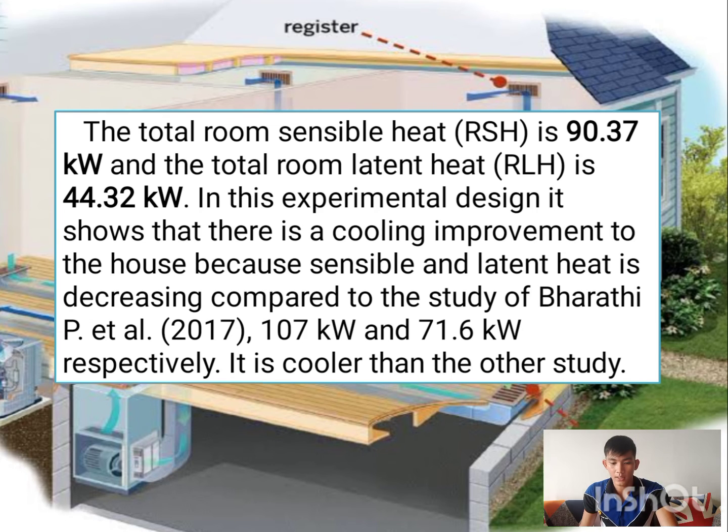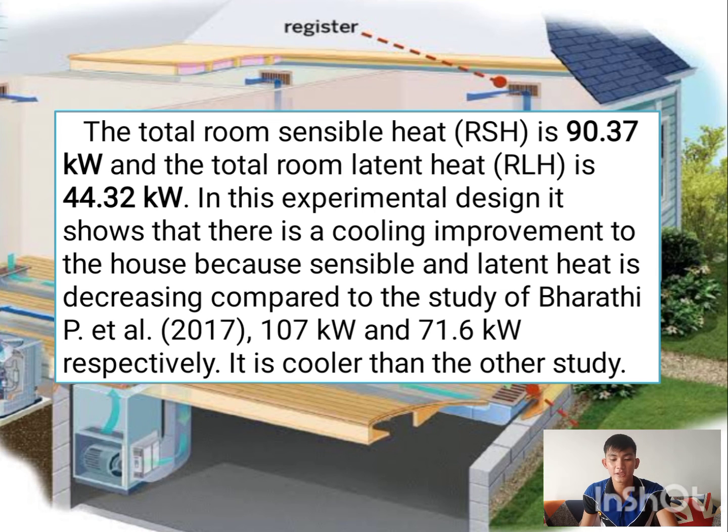This is atong nakuha nga total room sensible heat and total room latent heat. So the total room sensible heat is 90.37 kilowatt and the total room latent heat is 44.32 kilowatt.